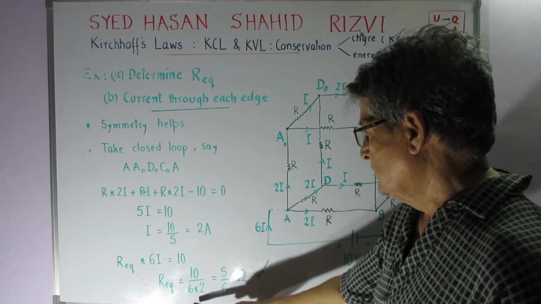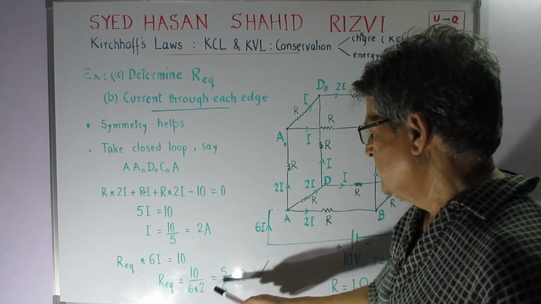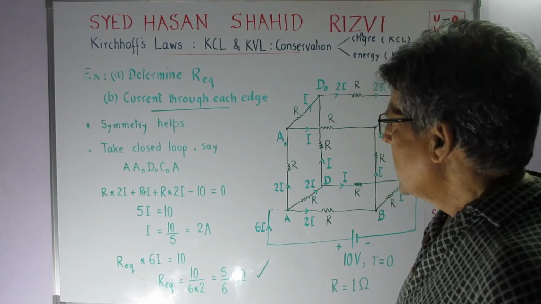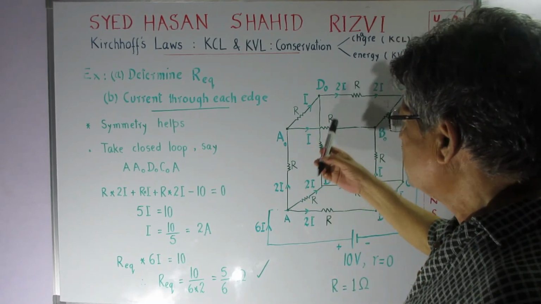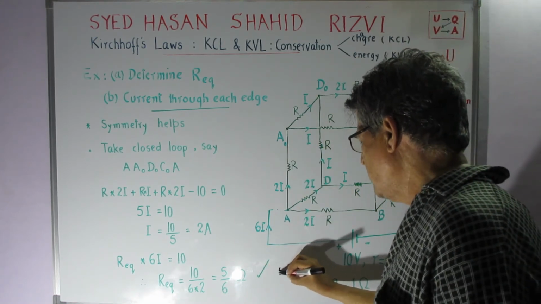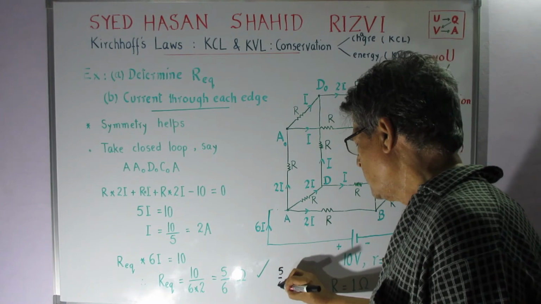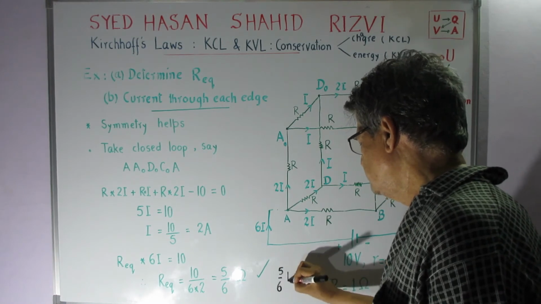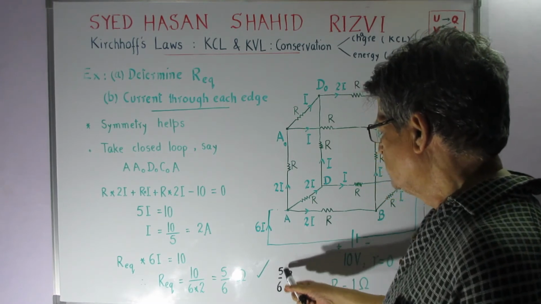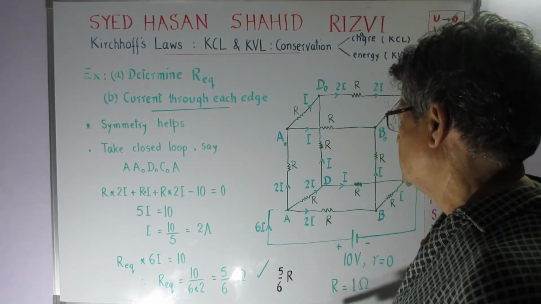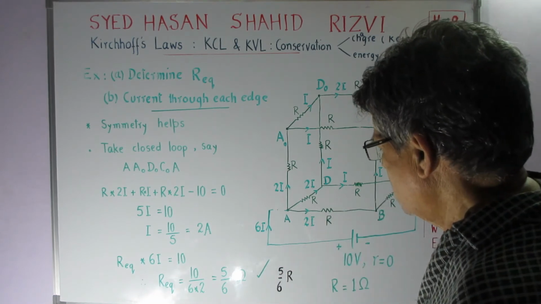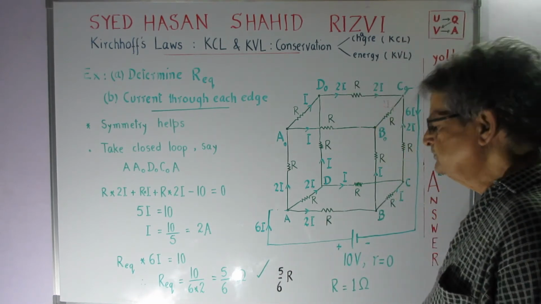So this is volts and this is amperes, so 5 upon 6 ohms. In fact, if each of them is R, then this result will be 5 upon 6 into R. So R can be taken as 2, then it becomes 5 by 3, R can be taken as 6, then this will be 5 ohms each.